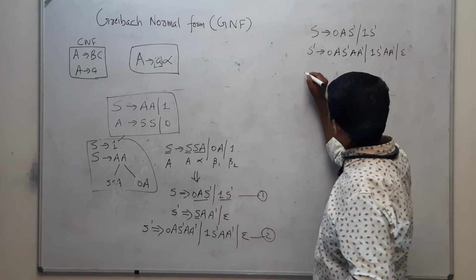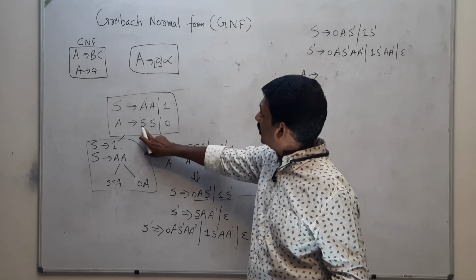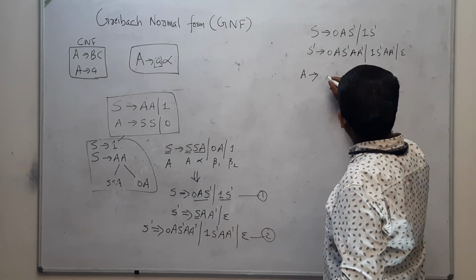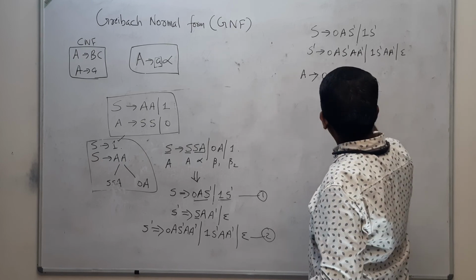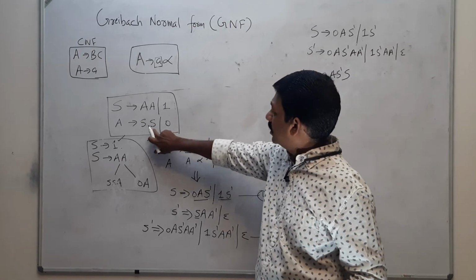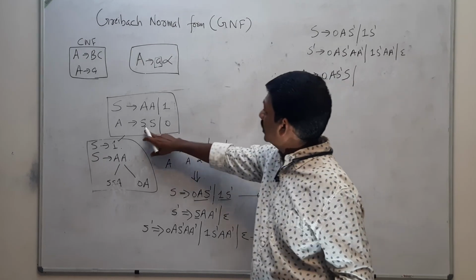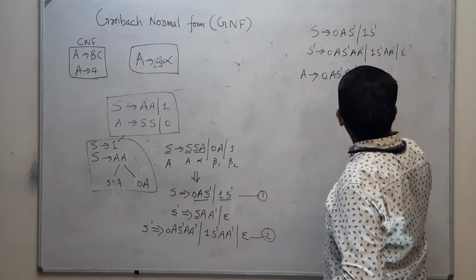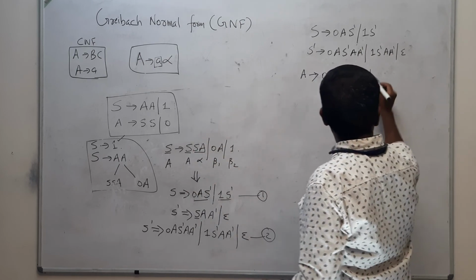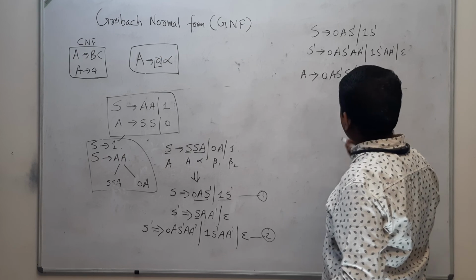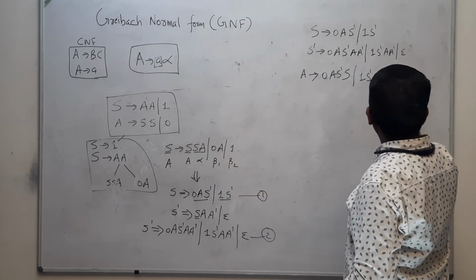So when you are replacing that S, the A productions are A derives, when I am replacing this S with 0 A S dash, 0 A S dash, and what remains here is S, or when I am replacing this S with 1 S dash, this is 1 S dash followed by S, or 0.